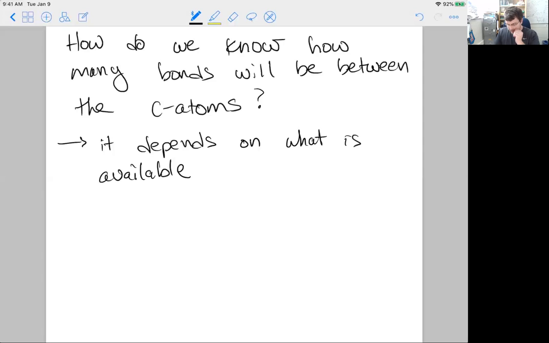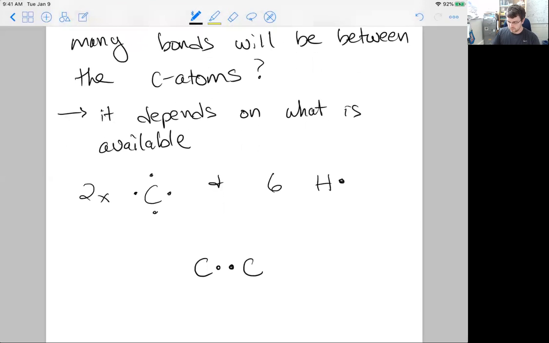Okay, let's say, for example, that we've got 2 carbon atoms and 6 hydrogen atoms. What I like to do is I like to always start by just considering a single bond between the 2 carbon atoms. So in this case, we've got 2 carbon atoms and 6 hydrogen atoms.